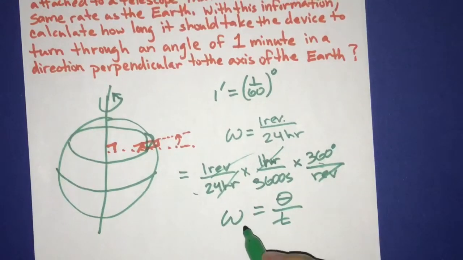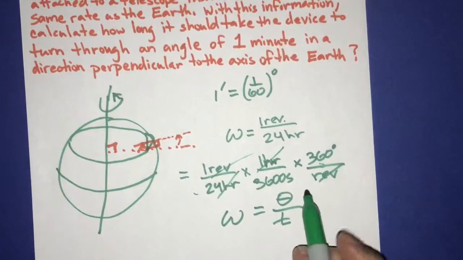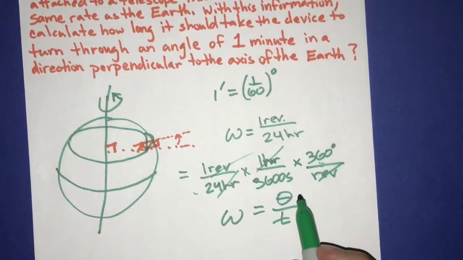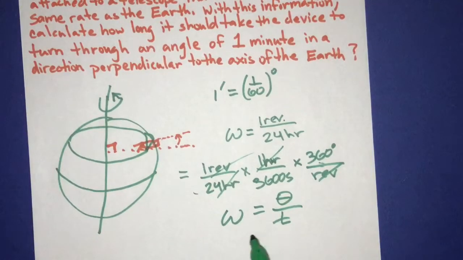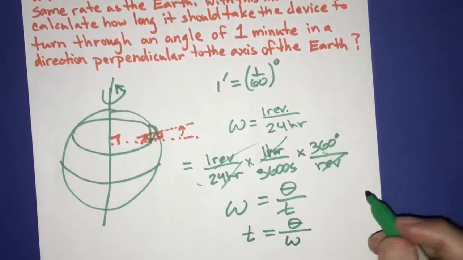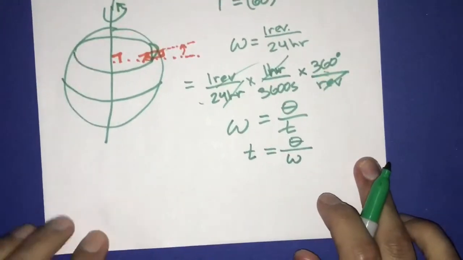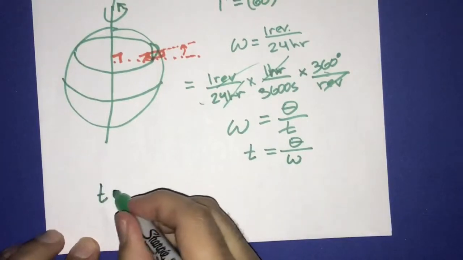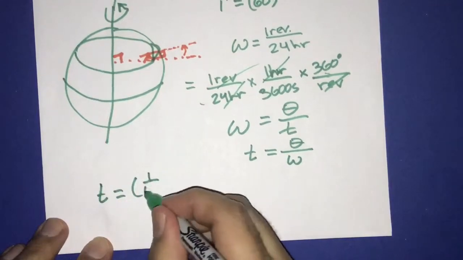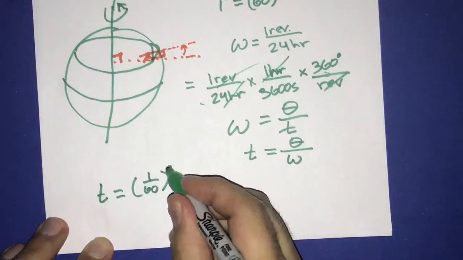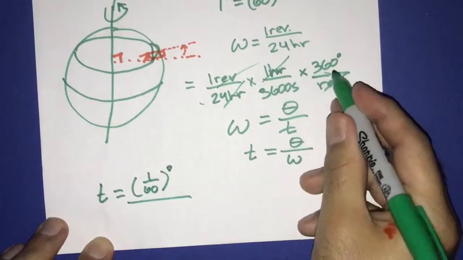Okay, so we're going to go ahead and solve for the time it's going to take to go through an angle of 1 minute. If we solve for time, we get that our time is just going to be the angle divided by our angular speed. So just plugging these in, we see that the time is going to equal 1/60th of a degree, and we're just going to divide by this number.